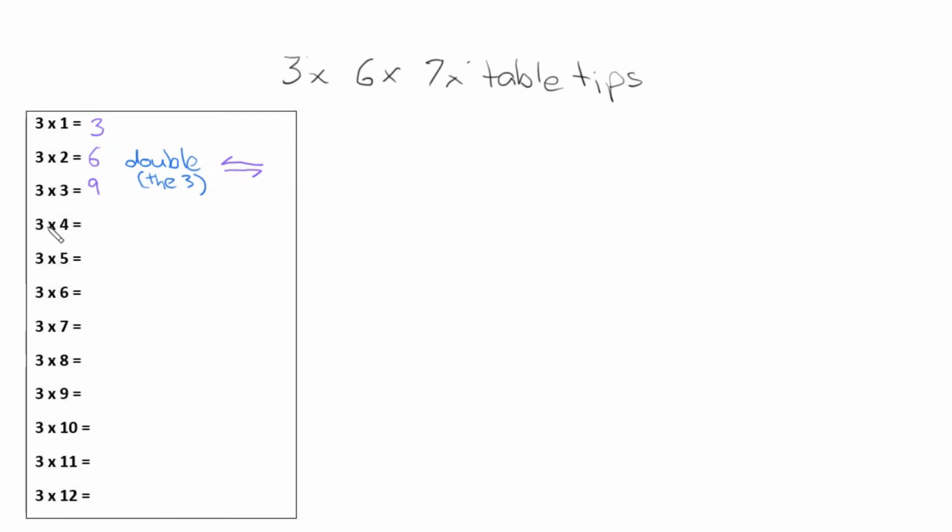Just to revisit, double 3 is 6, and double 6 is 12. So the answer is 12. So just revisit the double trick.